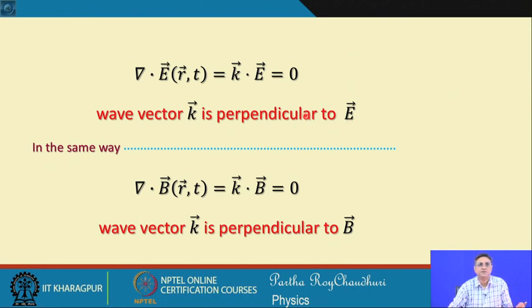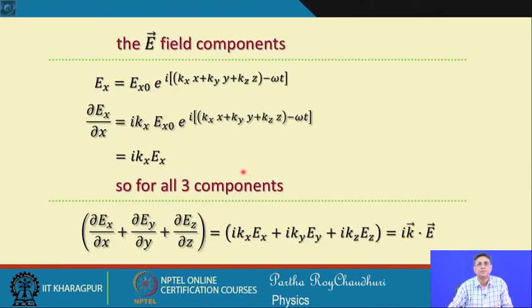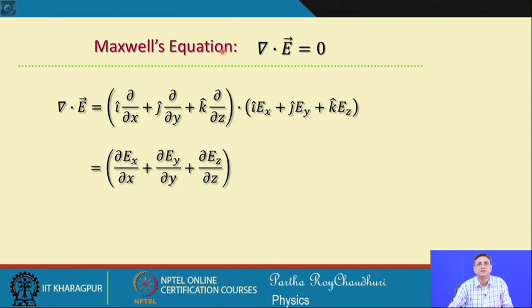Now, if we consider instead of ∇·E = 0 the second equation, that is ∇·B = 0, we can again write ∇·B as (i ∂/∂x + j ∂/∂y + k ∂/∂z) dot (i B_x + j B_y + k B_z).